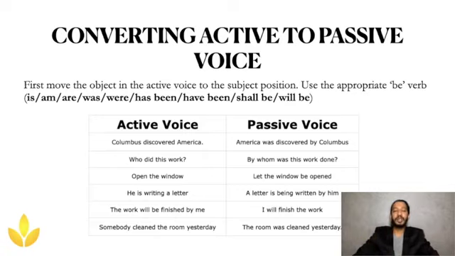So let us look at the first and last examples here. The first example is Columbus discovered America. America was discovered by Columbus. So in the active voice, Columbus is the subject, discovered is the verb, and America is the object. When it was converted into the passive voice, America, the object, takes the position of the subject, and it becomes was discovered, because discovered itself is in the past tense.